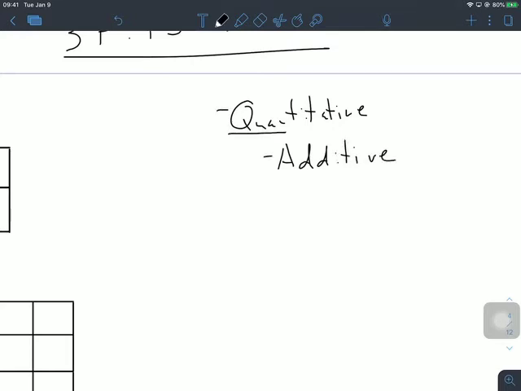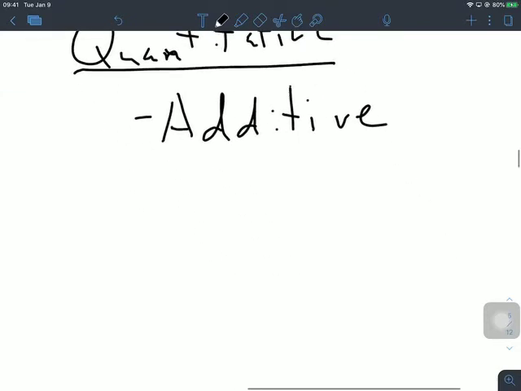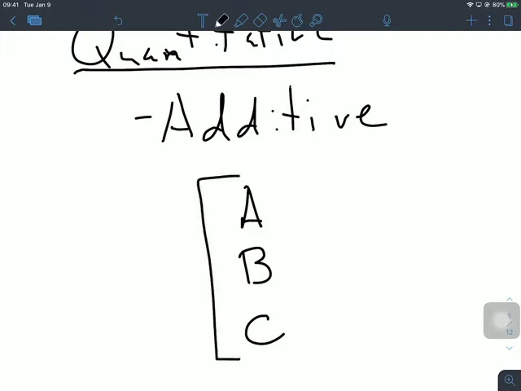Because the idea with quantitative inheritance is that there's a numerical game here. You have different genes. Let's go ahead and label them maybe gene A, gene B, and gene C, very cleverly named, I know, that then have different values that add a different amount to the overall height of the individual.